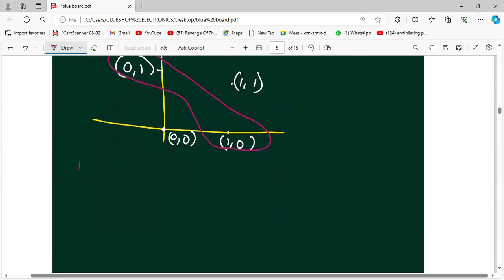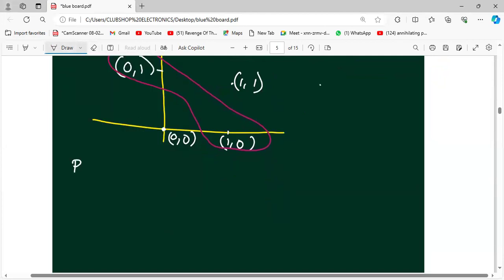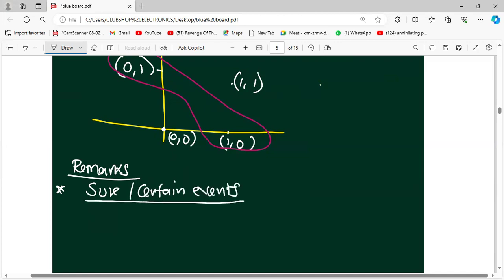We can also put up some other remarks. Remark number 1: sure or certain events. What do you mean by sure or certain events?